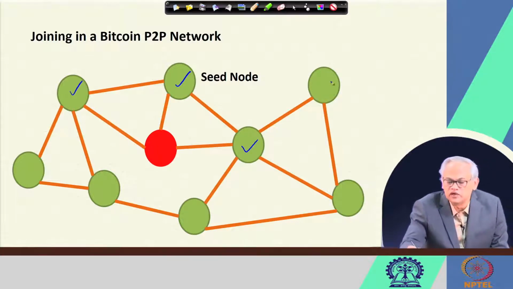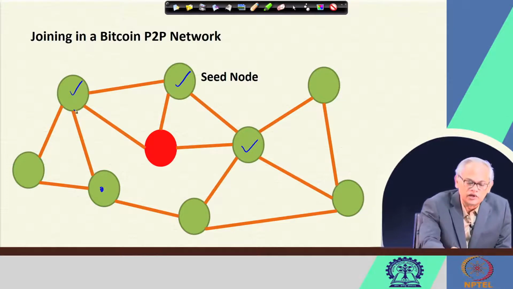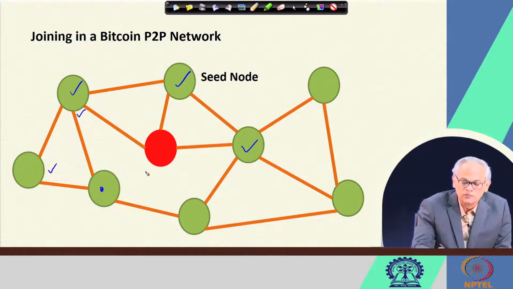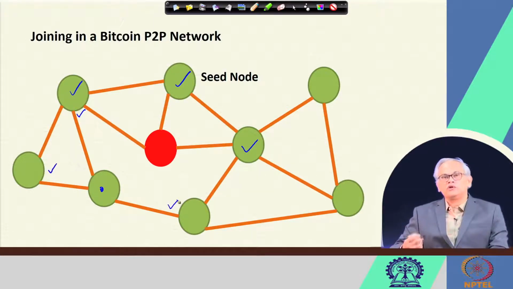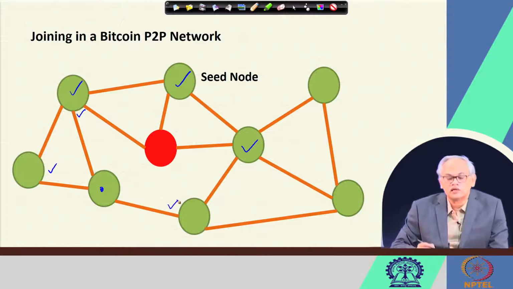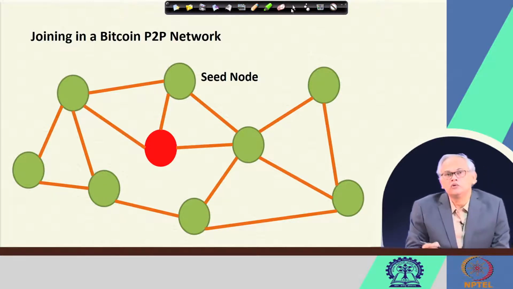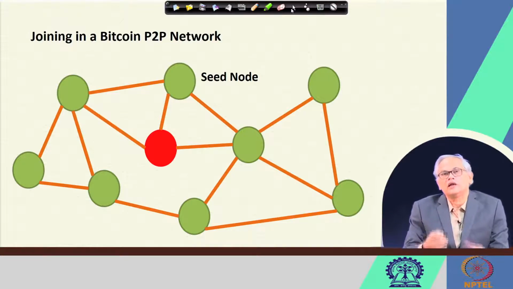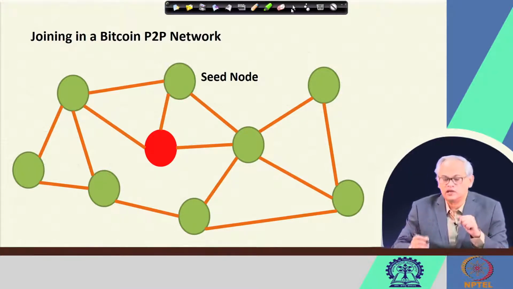And likewise, if I consider this as my node, it again has this one and this one as its neighbors and so on. So, you see that every node is connected to a set of other nodes and not to all the other nodes. That is how we get each new node connected to the network, and it is now available in the network, and it also knows which other nodes are its neighbors.